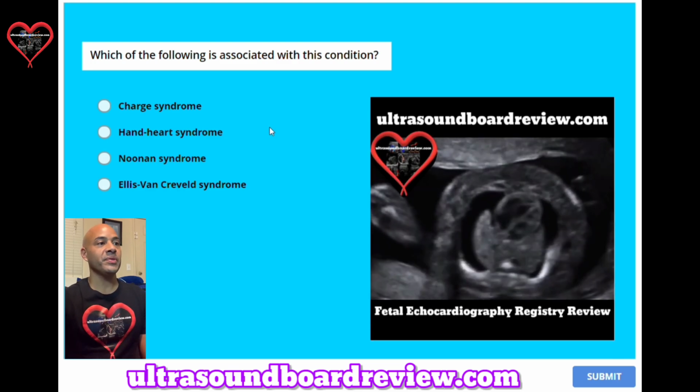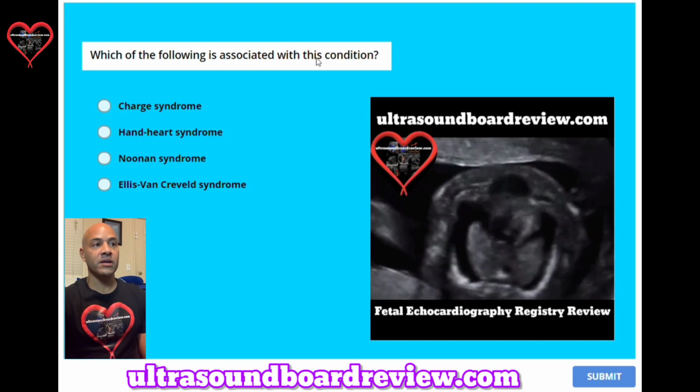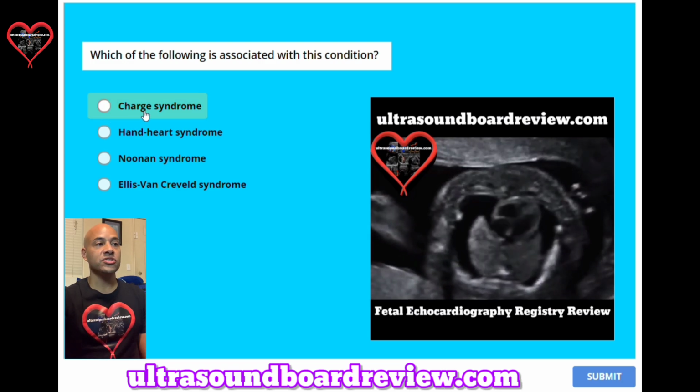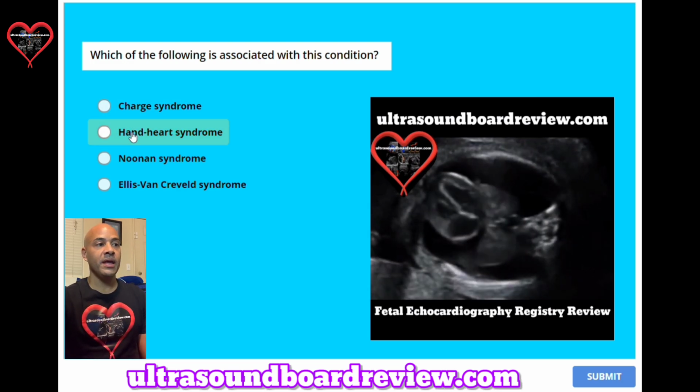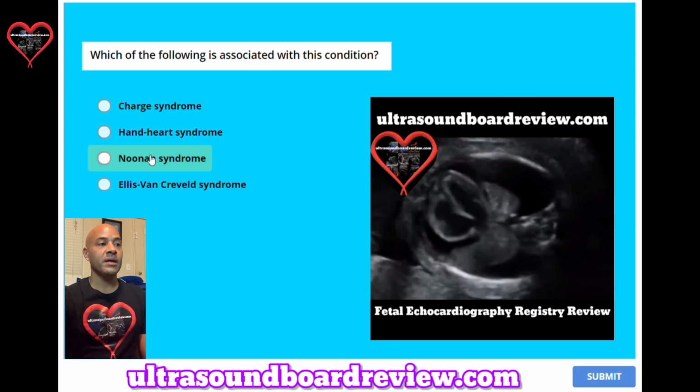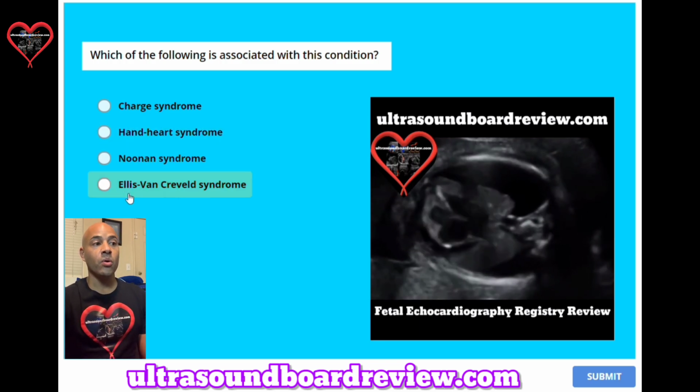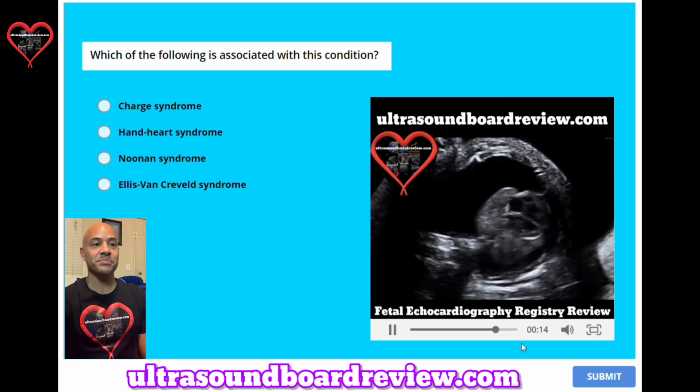Question 63. Which of the following is associated with this condition? A, CHARGE syndrome. B, Holt-Oram syndrome. C, Noonan syndrome. Or D, Ellis-van Creveld syndrome.